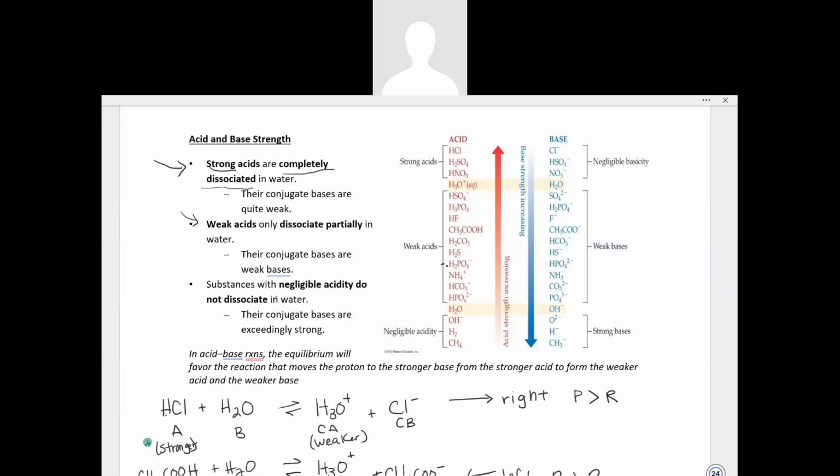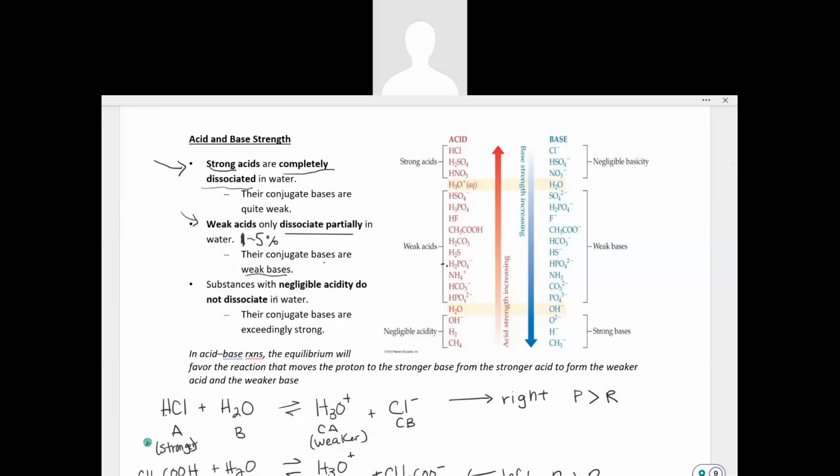With weak acids and weak bases, they only dissociate partially in water, maybe like 1 to 5% for most cases, for things that we call weak acids or bases. And the conjugate bases of these weak acids specifically will be weak bases.